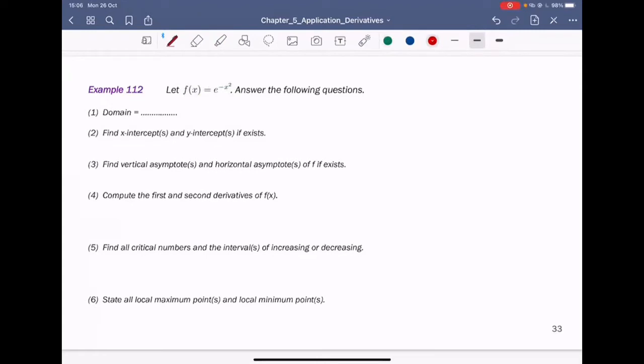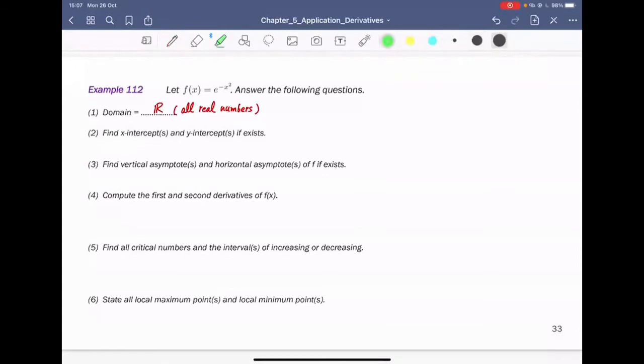The domain is just all real numbers, right? When I say R here, this means all real numbers. Because the possible value of x is negative infinity to plus infinity. So x can be anything. You plug in any number, and you can evaluate the function f.